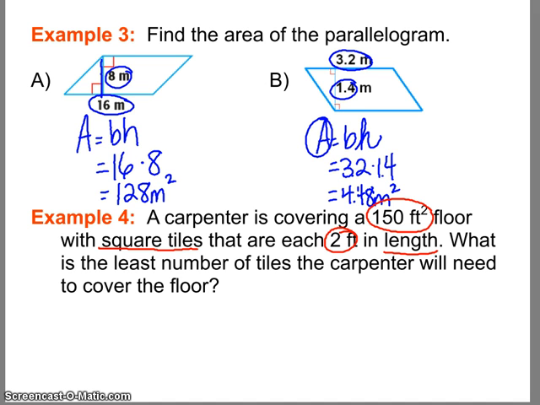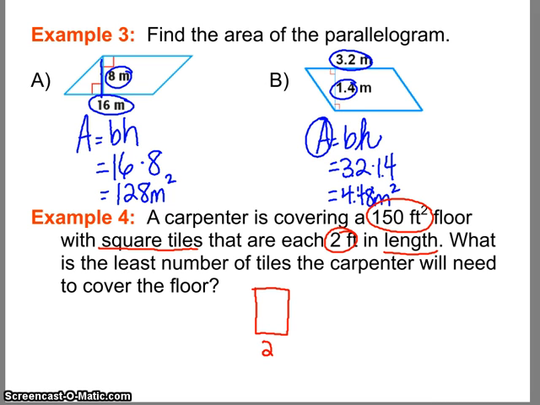Well, let's take a look at this. First, the entire area is 150 square feet, so in order to get that, we must have multiplied length times width. Now let's focus on these square tiles. Go ahead and draw a square. If we know the length is 2 feet, Panthers, could you tell me what the width would be? What would the width be of a square tile that has a length of 2?